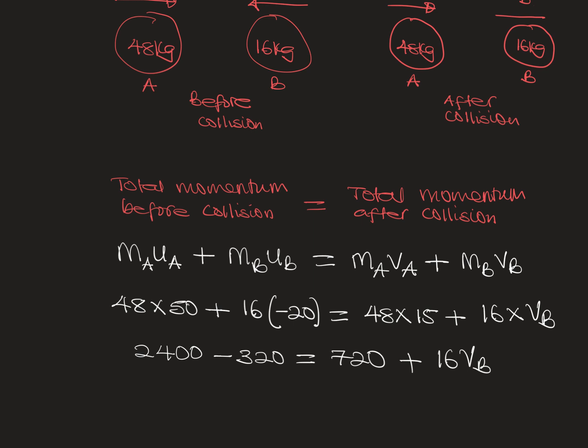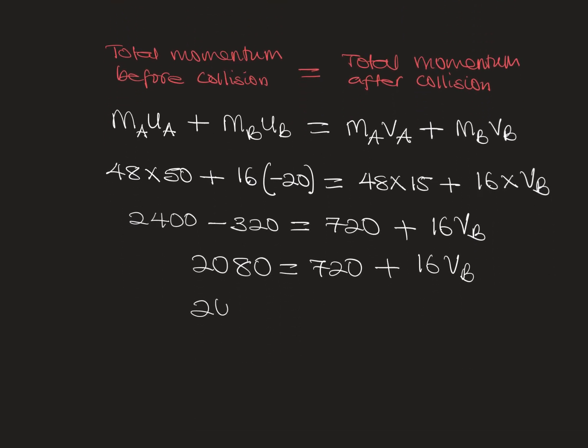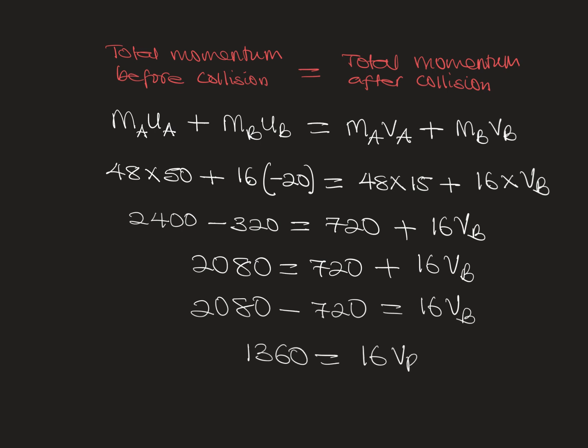So 2,400 minus 320 gives 2080. This is equal to 720 plus 16 VB. We're going to have 2080 minus 720 is equal to 16 VB. That gives 1360 is equal to 16 VB.